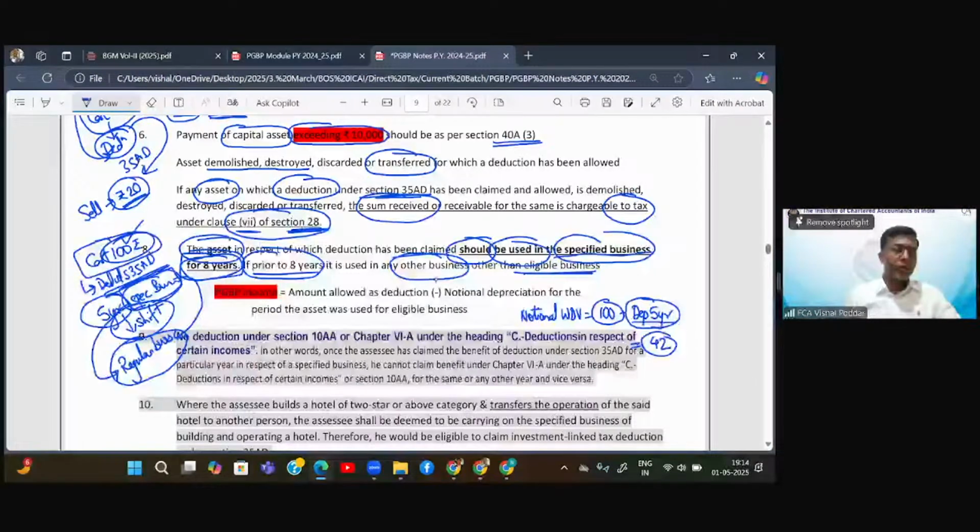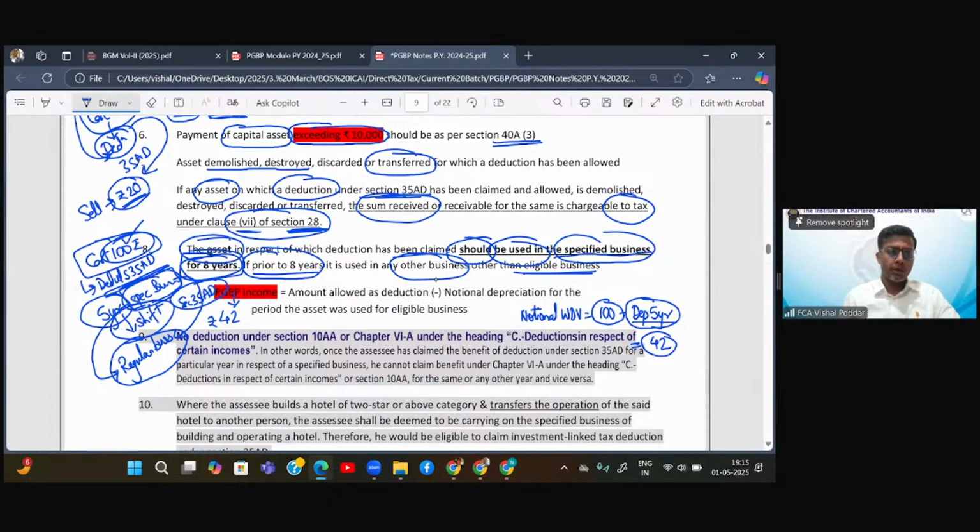Now this 42 is treated as my PGBP income under section 35AD. So it is considered as 35AD business income.